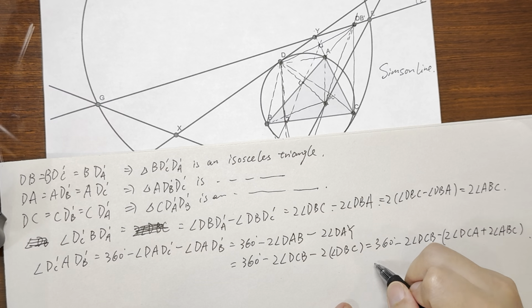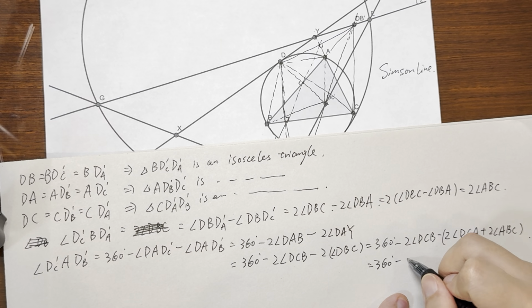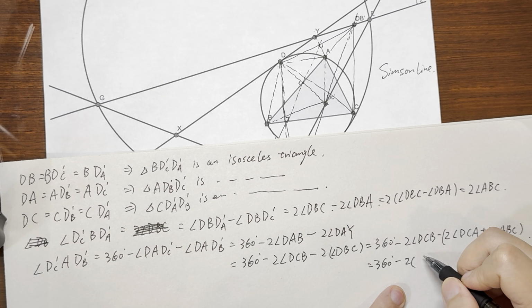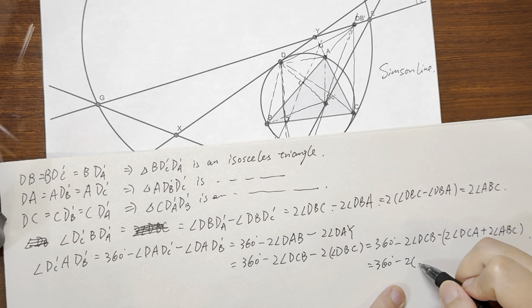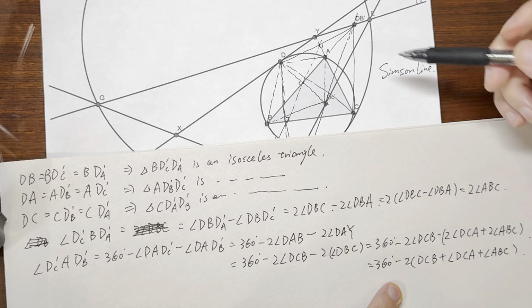Okay, and it equals to 360 minus twice of angle DCB plus angle DCA plus angle ABC, right?